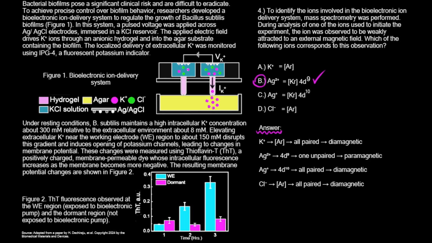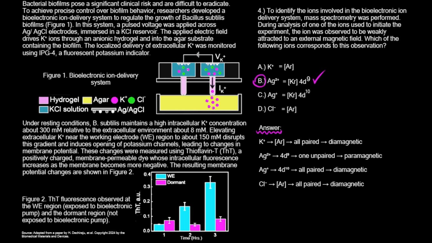How do we determine whether a species is paramagnetic or diamagnetic? We must write the electron configuration for each ion and identify whether any unpaired electrons are present. K+ has the electron configuration of argon. This is a full noble gas configuration with all electrons paired, so it is diamagnetic.